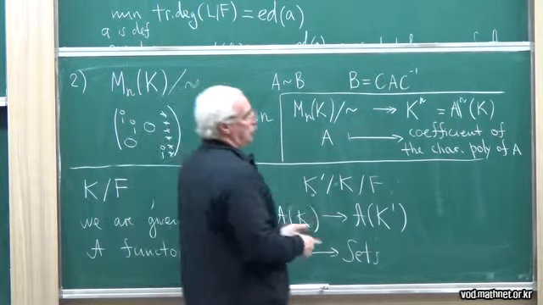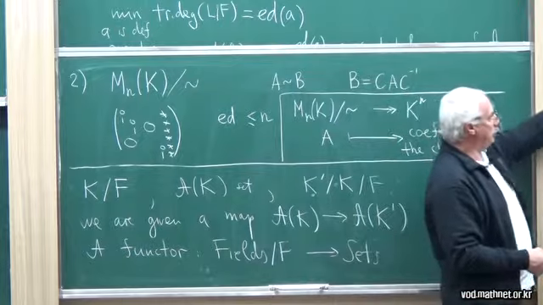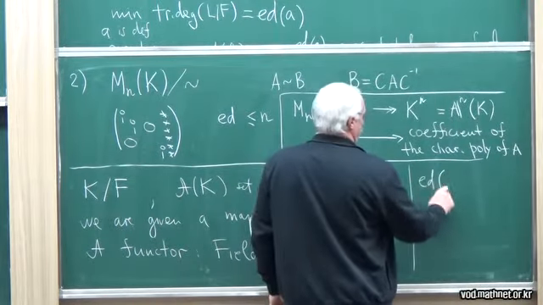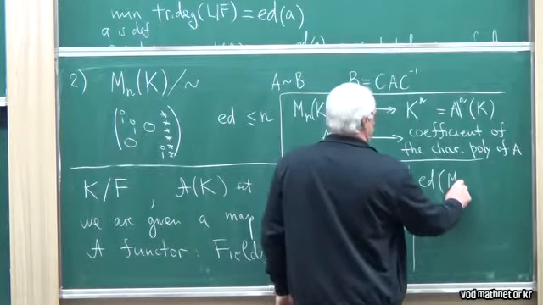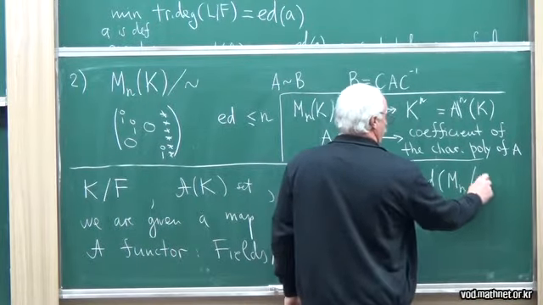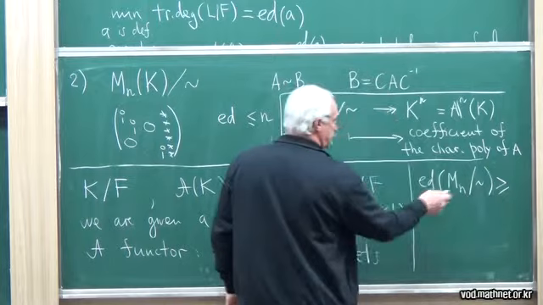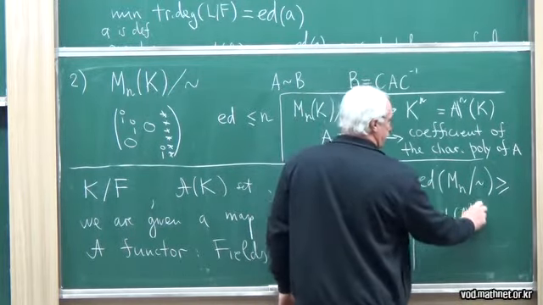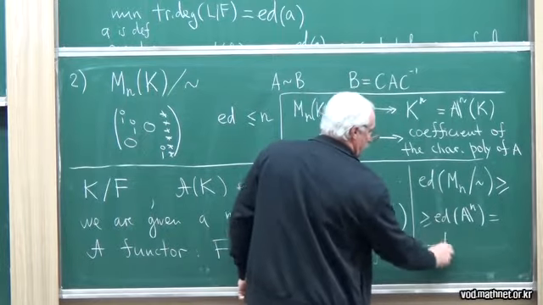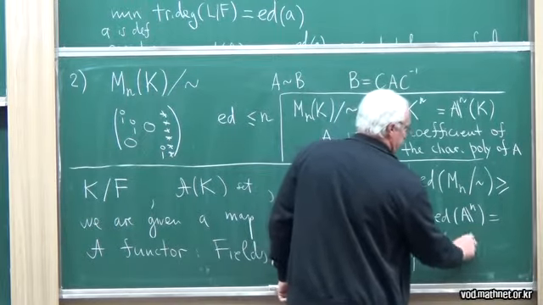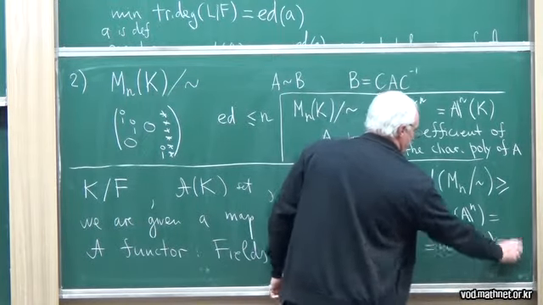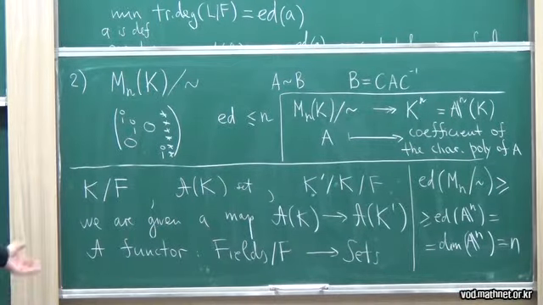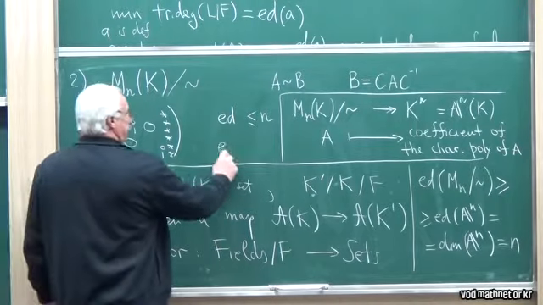And when you apply 1 and 2, you see that the essential dimension of our structure is at least the essential dimension of the affine space, but it's a variety of dimension n. Dimension of A^n is n. So we get the opposite inequality, and so the essential dimension is equal to n.